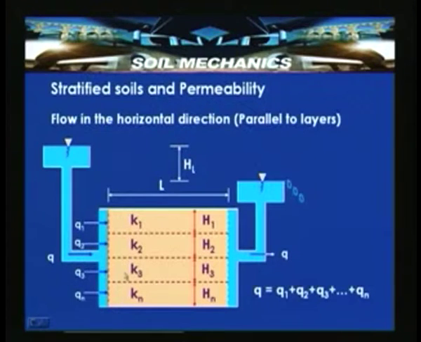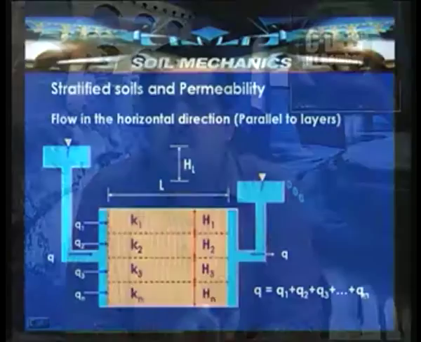This Q enters the stratified soil mass, and this is the Q coming out of the soil mass. So condition 1 is that Q is equal to Q1 plus Q2 plus Q3 and so on to Qn, and the head loss is uniformly constant.